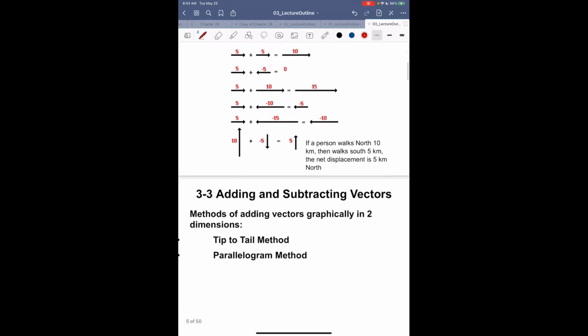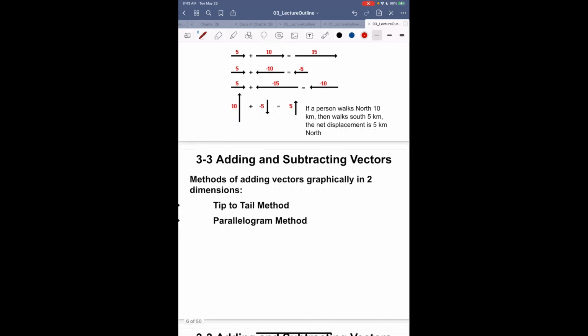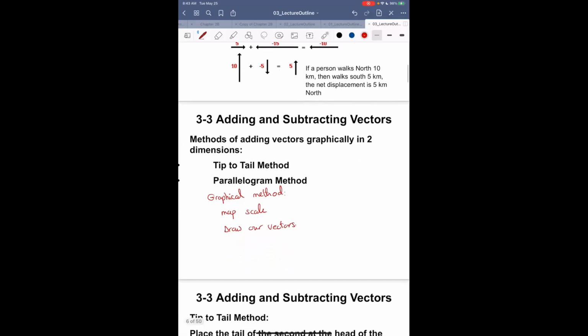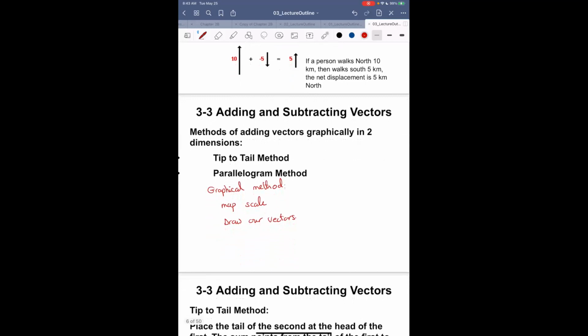Now, for adding and subtracting vectors, there is a method that we call the graphical method. As I said, we are going to use a map scale, and we are going to draw our vectors in the same way that I represented there.